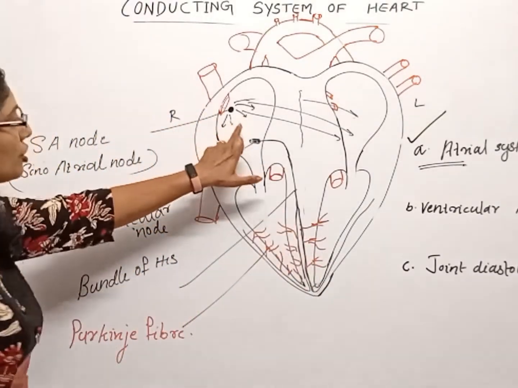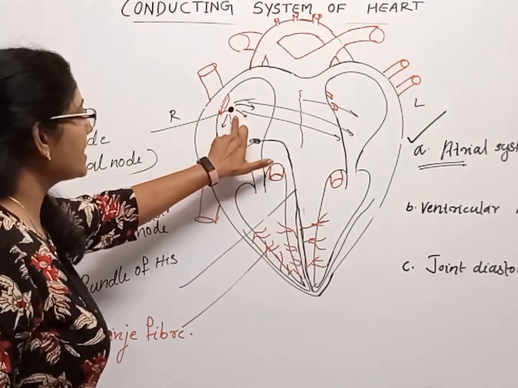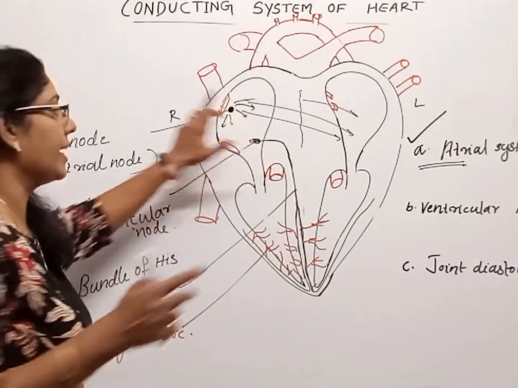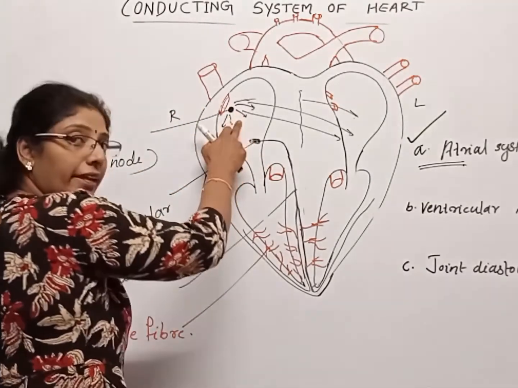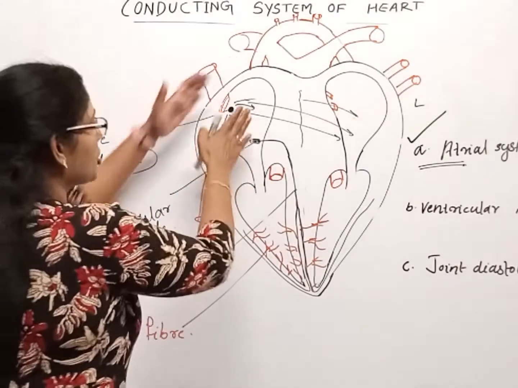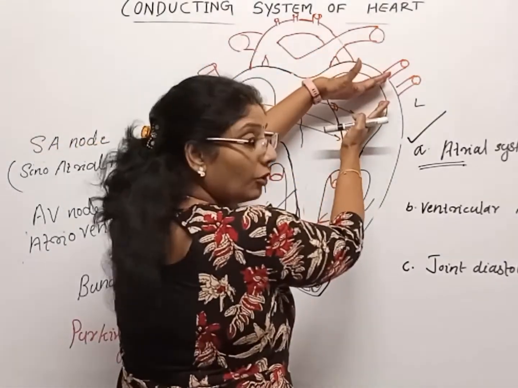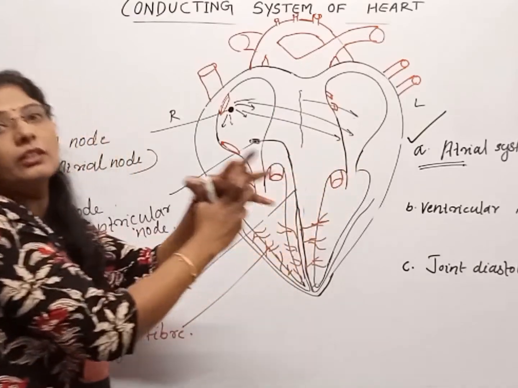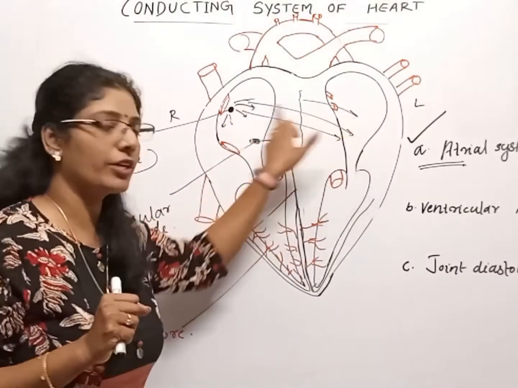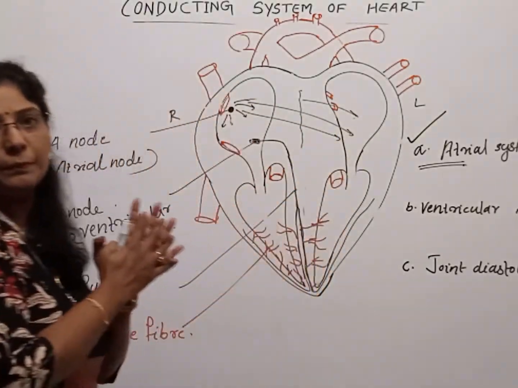In response to that pressure, the SA node gets excited and generates the wave of contraction. That wave will spread over both atria, because of that the atria will contract and the blood is pumped into the respective ventricle.